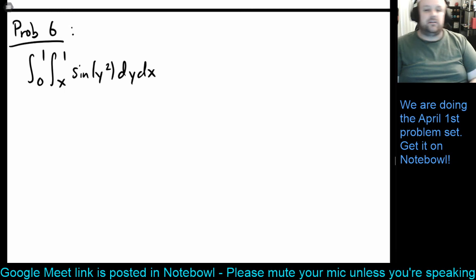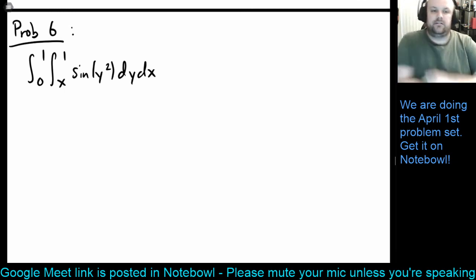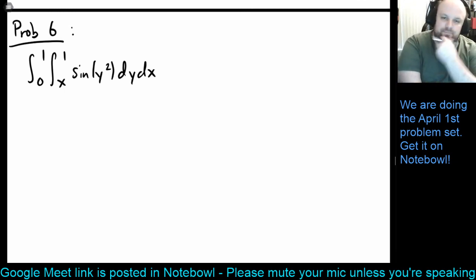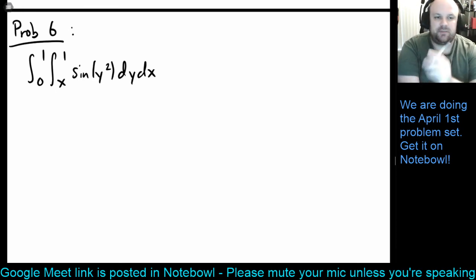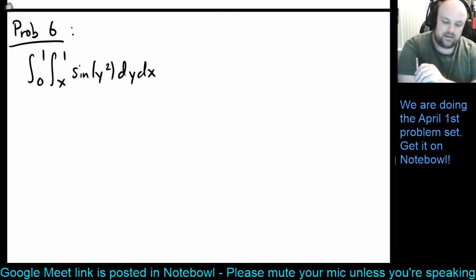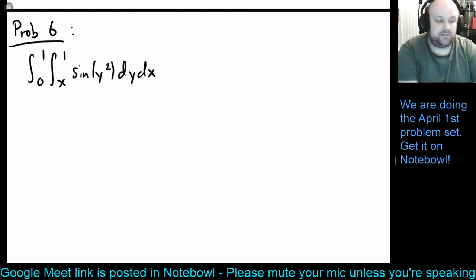Looking at this one, we want to ask, can we do this integral? And as it stands, you might remember, we can't actually integrate sine of y squared. So we have to do something about that. Unlike if we had a single integral, where we'd be stuck with it.